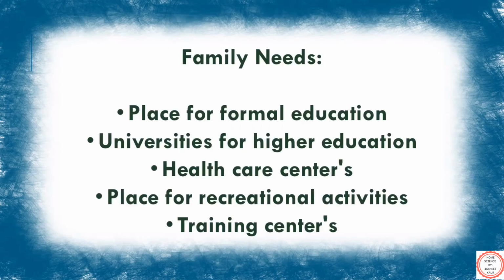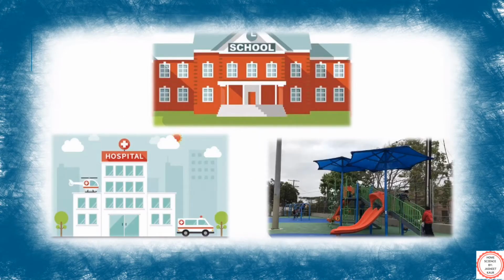So we need more places for recreational activities like parks, gyms, old age clubs, etc. And training centers, which include small institutions providing skill-based learning to all the age groups. Examples of such centers are those which provide training of cooking, tailoring, makeup training, etc.